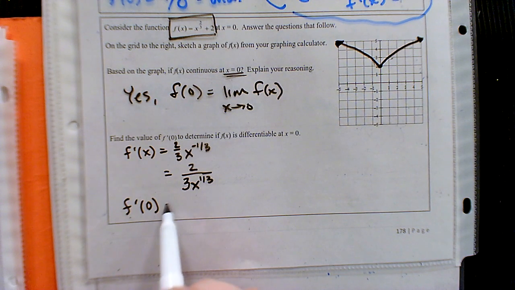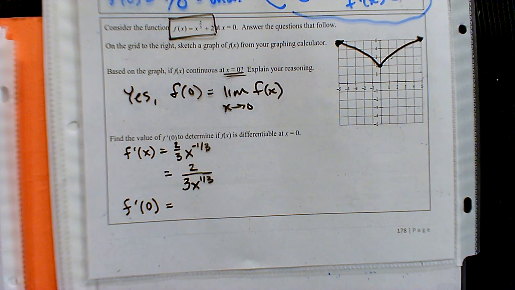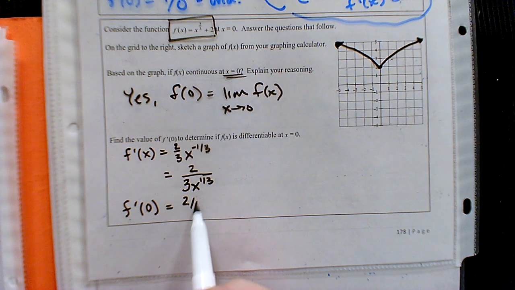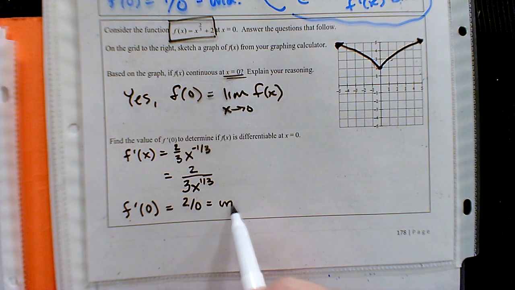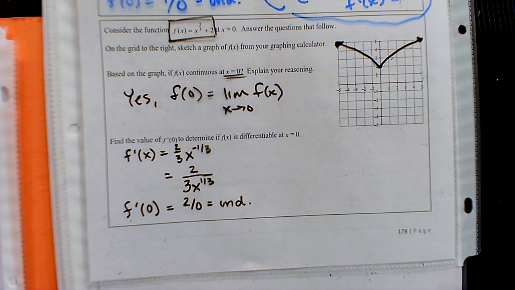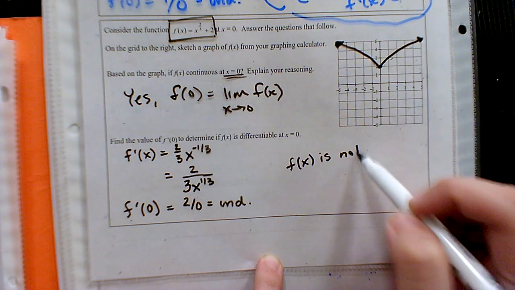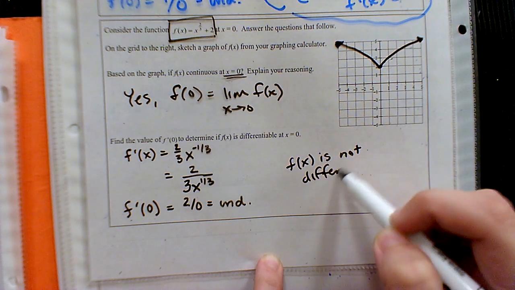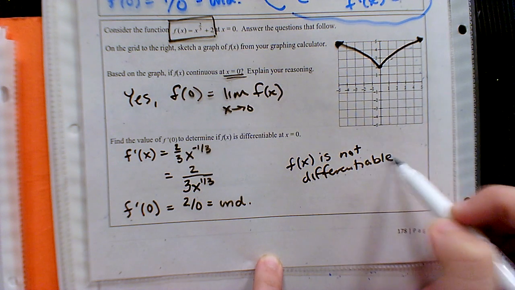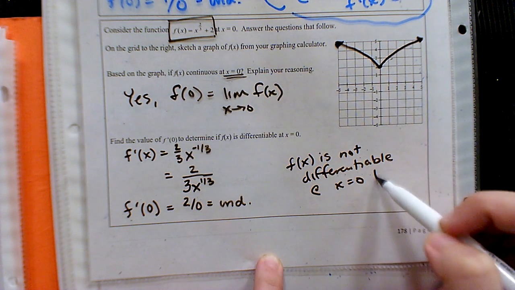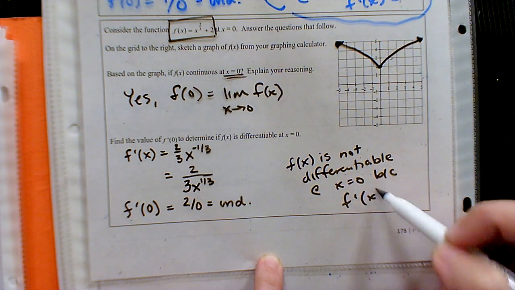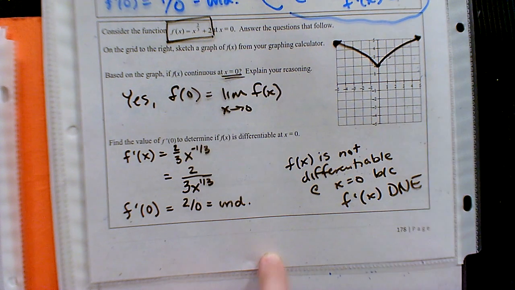If you were to plug in 0, we'd get 2 over 0, which is undefined again. You could check it on your calculator if you wanted to. You still should get something undefined, not real. So f of x is not differentiable at x equals 0 because the derivative does not exist.